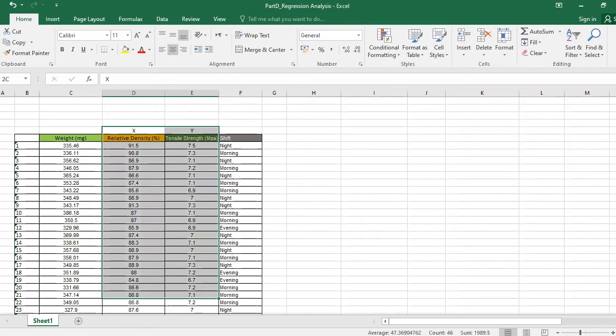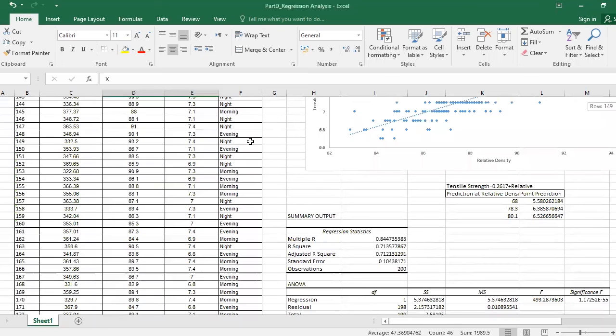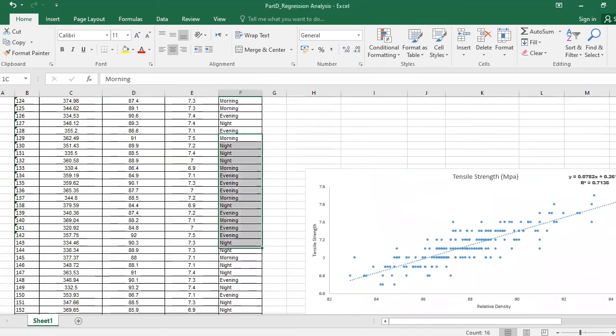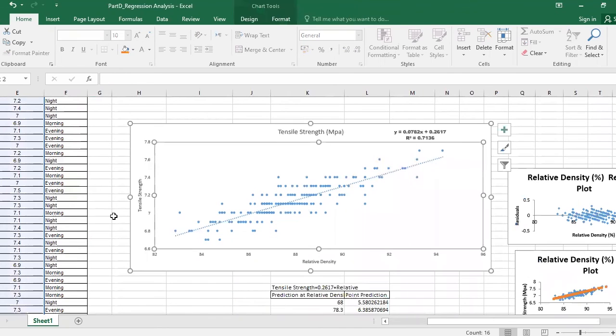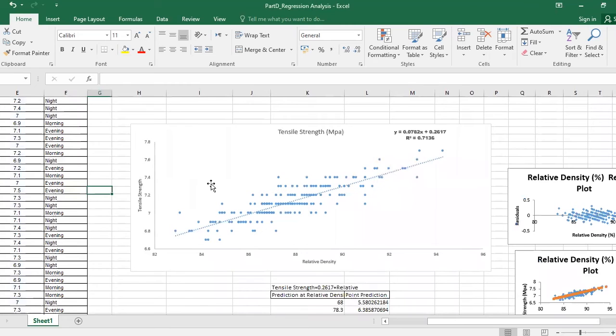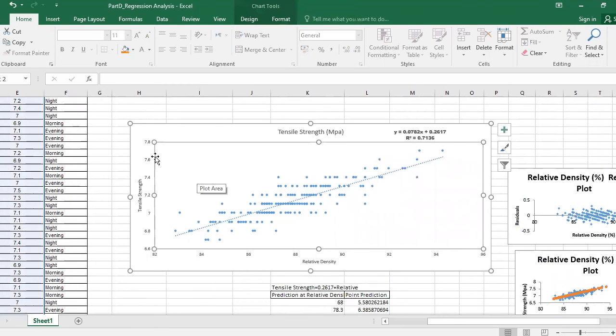A study shows that the tensile strength is dependent on the relative density regardless of the observed shifts. We can indicate the tensile strength as the dependent variable and the relative density as the independent variable. Then we can simply run a regression analysis test in Excel, and you will get this scatter plot. The important figures are the R squared and the slope of the equation.